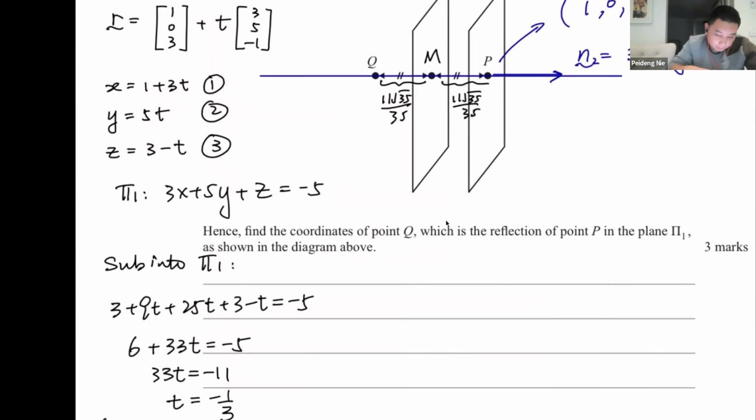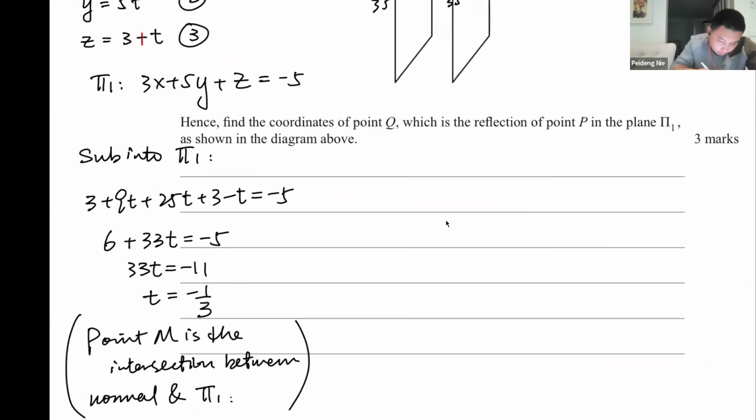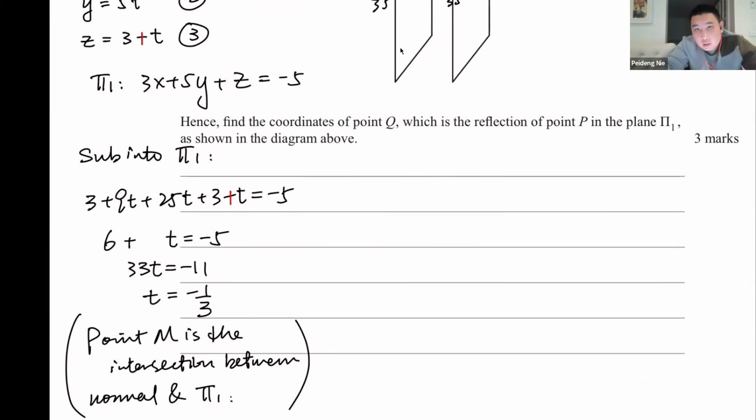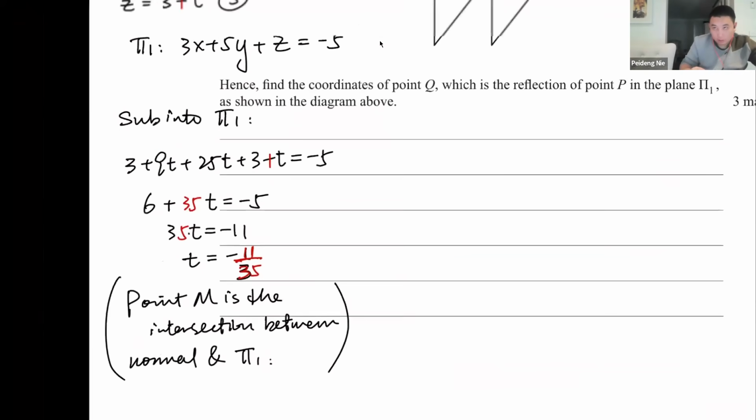I copied down a wrong number here. It should be plus 1 here, plus t here. And I should have 35 instead of 33. Still manageable. Minus 11 over 35. Yep, that should be the correct value now.